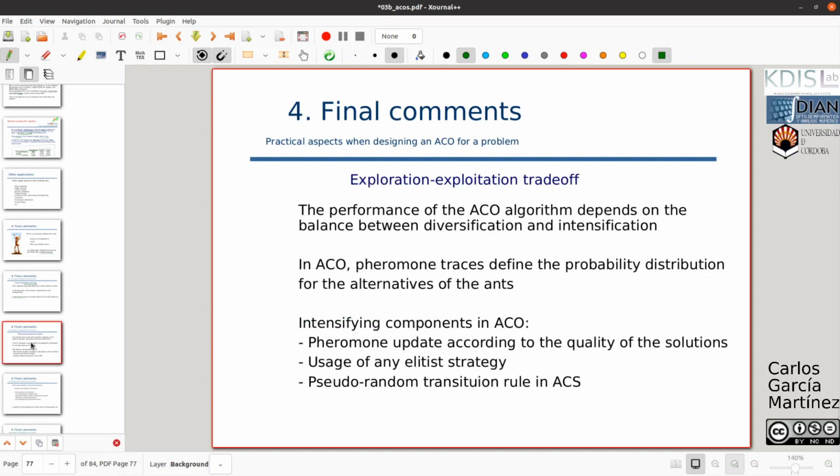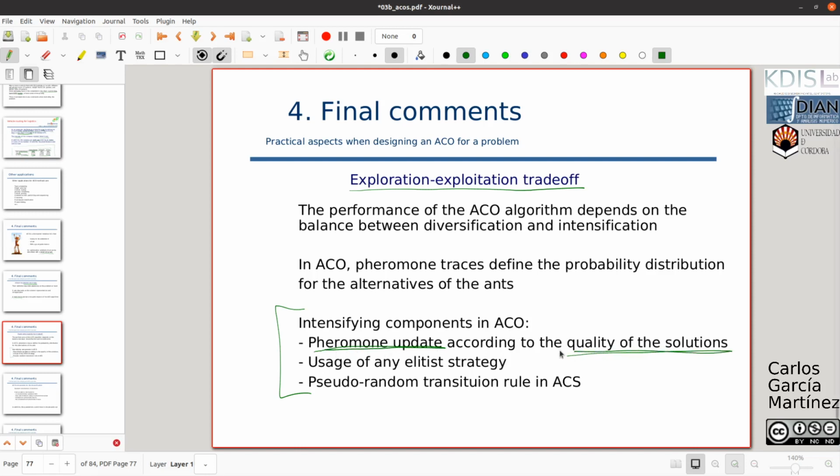In any case, ant colony optimization should be balanced and provide a good trade-off between exploration and exploitation, or diversification and intensification. And you know that there are some components for exploitation or intensification, which are these ones. For instance, laying more pheromone on the best solutions.